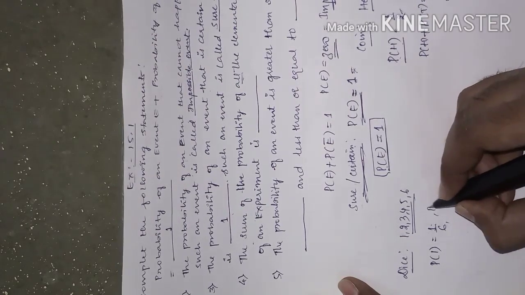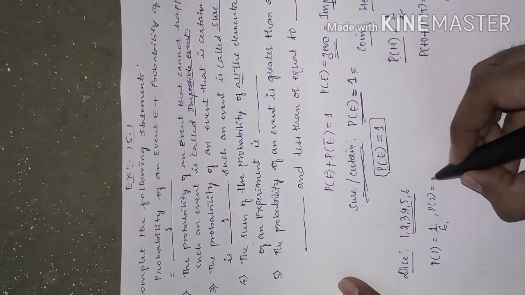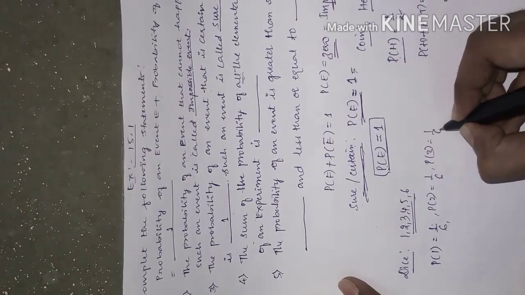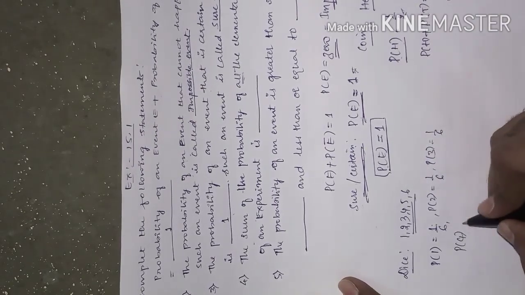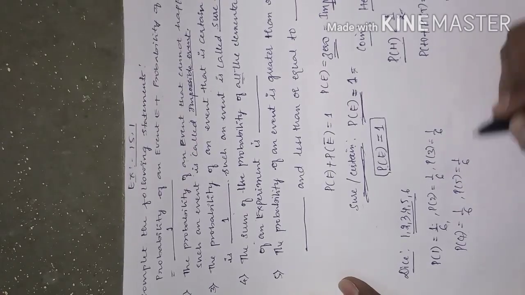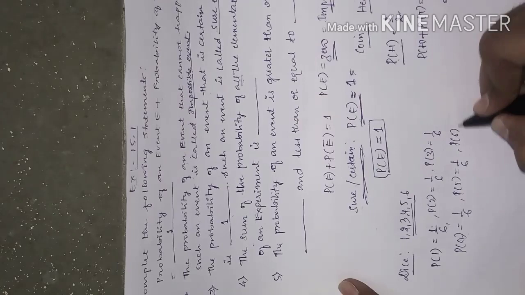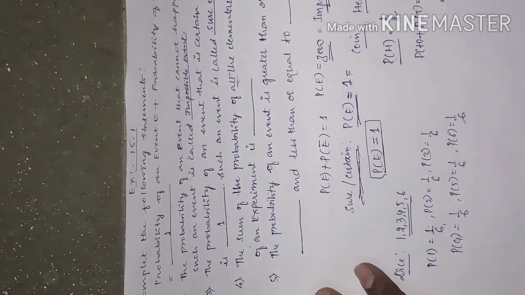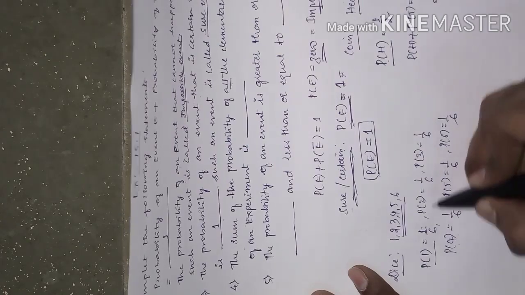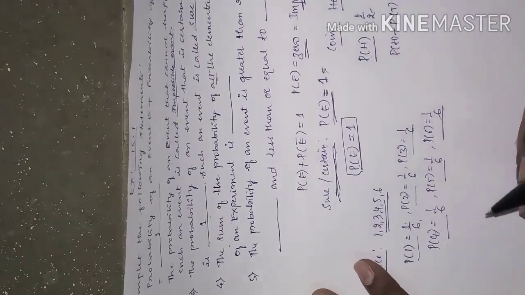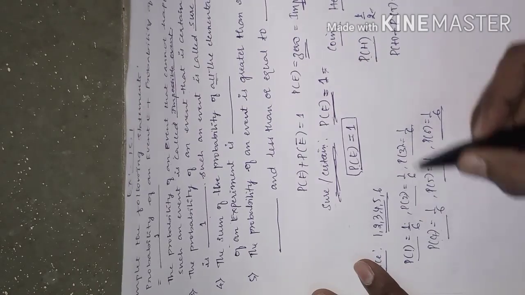Probability of 2 is also 1 by 6, probability of 3 is 1 by 6, probability of 4, 5 and 6 are also each 1 by 6. These are all the elementary events, the results 1, 2, 3, 4, 5, 6.